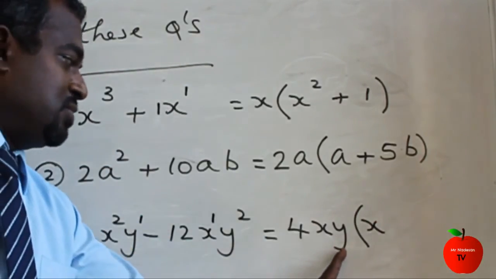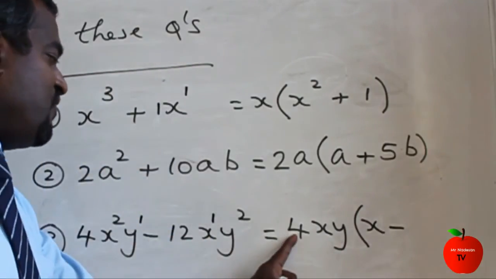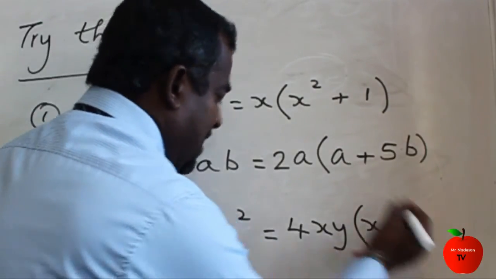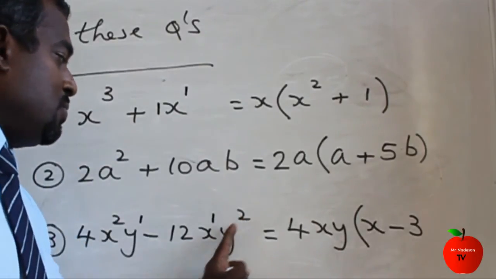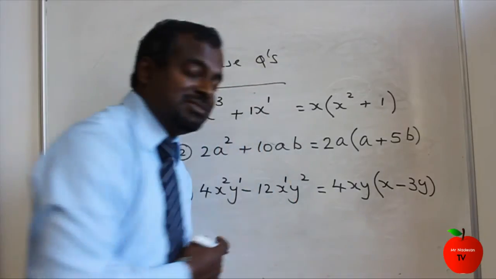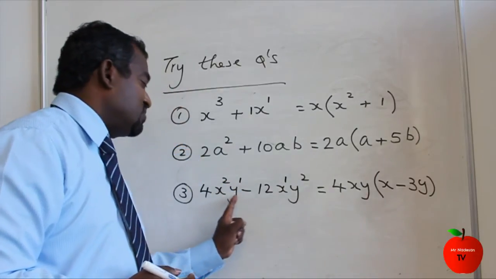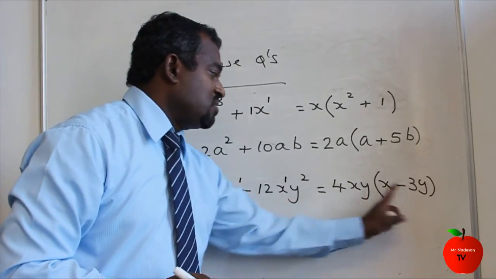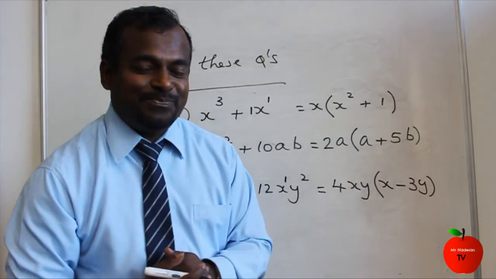Y, just you take a y out. So, the minus. How many 4's in 12 is 3. You took the x out. Instead of the 2y, you took 1 out, so 1y left. And that's your answers. You can check it. 4xy times x is 4x squared y, minus 4 times 3 is 12x, and then y squared.